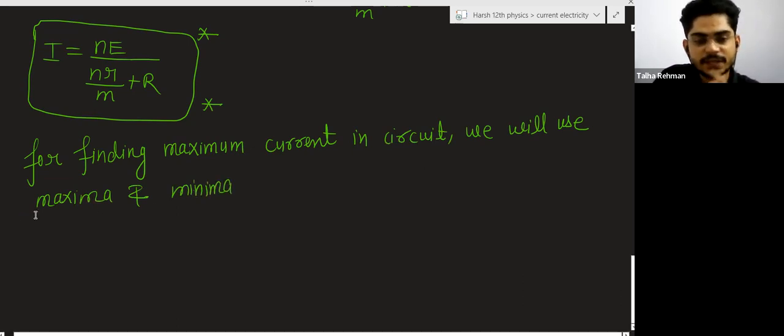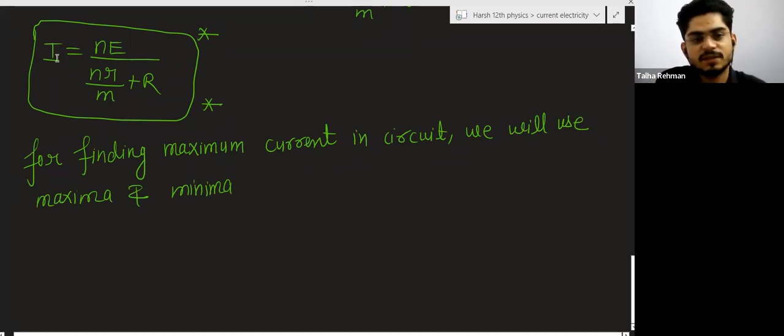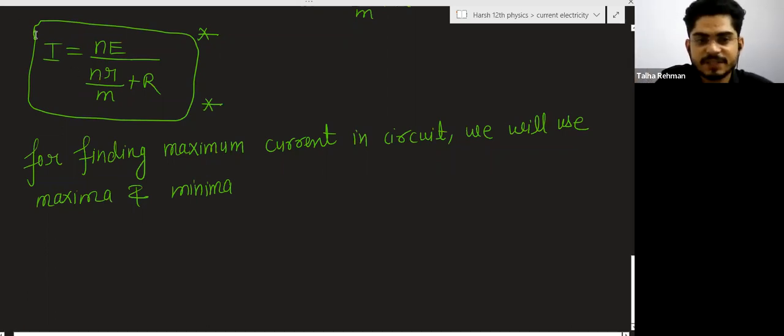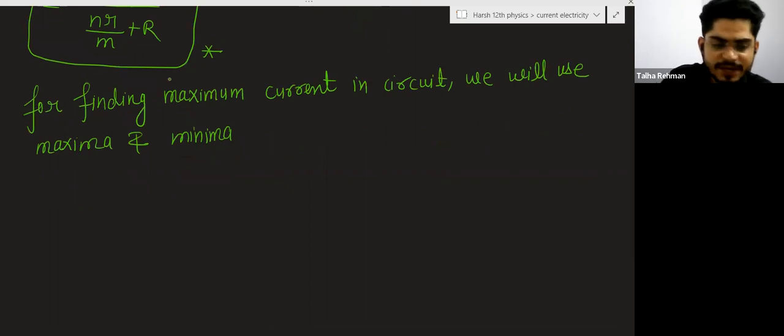This is a mathematical thing. Basically, I differentiate the equation of I with respect to R and put that equal to 0, then I get the result, and then I differentiate it again. If it is less than 0, then maxima will occur. If it is greater than 0, then minima will occur. That is a totally different thing, so I am not doing that. I am just writing directly.